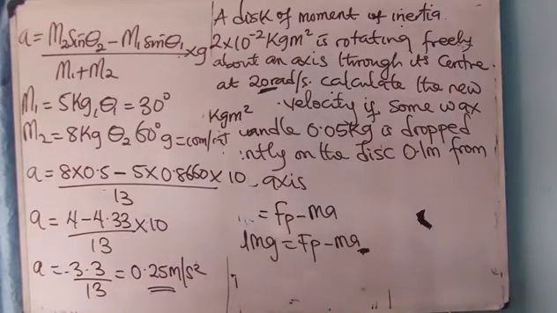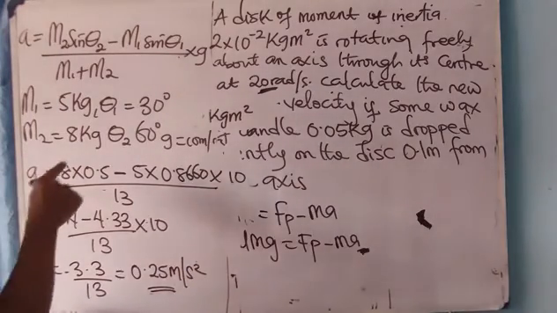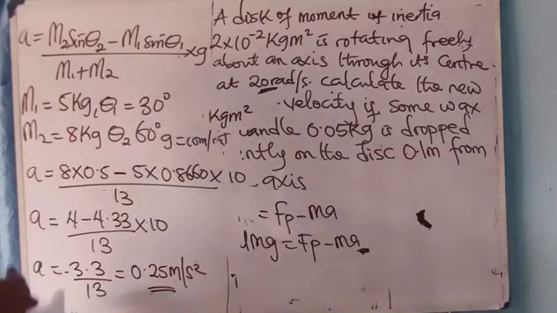Let me go through it again. Sine 30 is 0.5. 0.5 times 8 equals 4. Then 5 times 0.8660 equals 4.33. The 4 minus 4.33 gives minus 0.33.